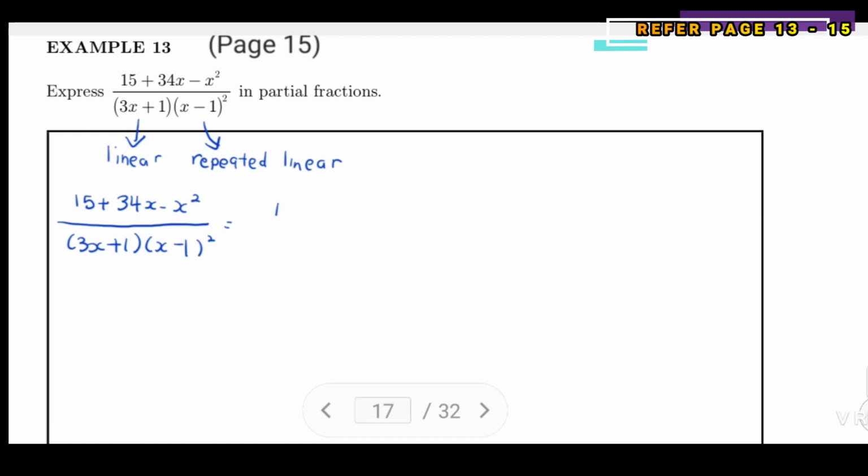For the linear factor, we're going to have a constant a in the numerator. And for the repeated linear factor, we're going to have plus b over the linear factor, plus a constant c over the linear factor which is repeated twice.